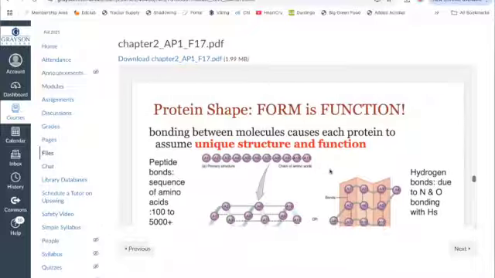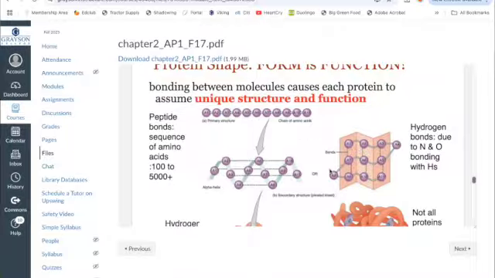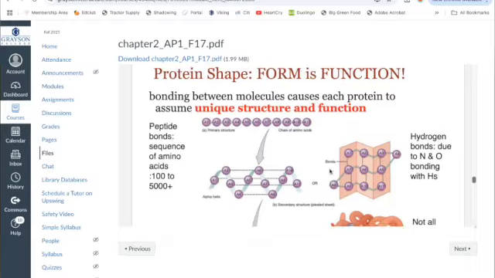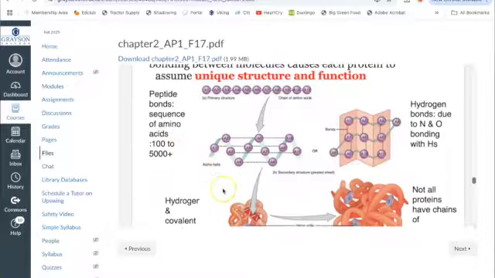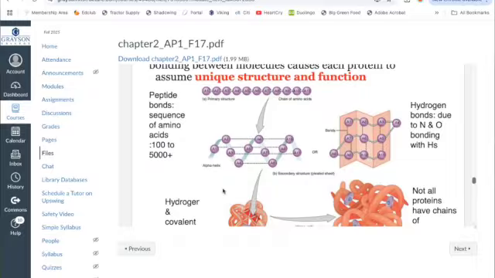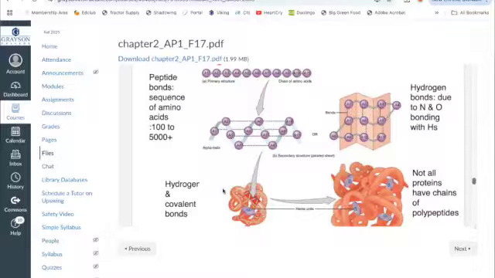Protein is extremely complex, very large molecules. The peptide bonds are formed between them. Protein is made of amino acids, it could be hundreds to thousands of amino acids together.